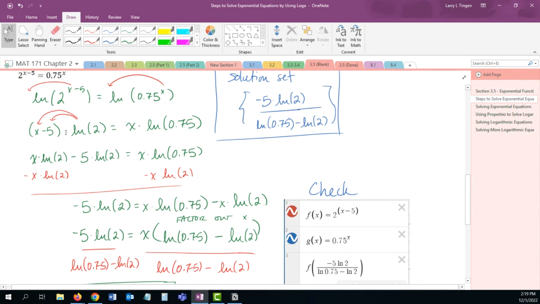When I got to the step of distributing the natural log of 2, I let the natural log of 2 be the letter C and the natural log of 0.75 be D, and then treated them as constants, just variables multiplied by C and D. Then we got to the end, and we just resubbed everything and ended up with the exact same answer. So take a look at that and watch the rest of 3.5.